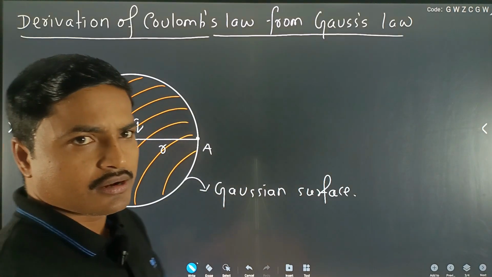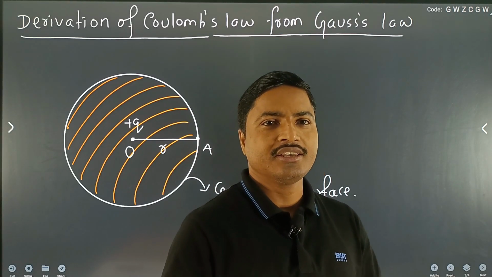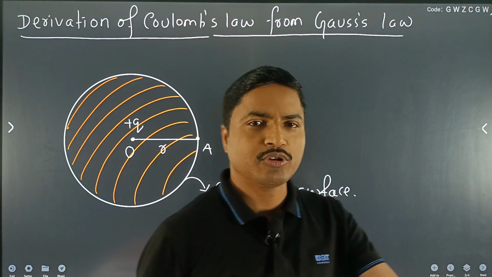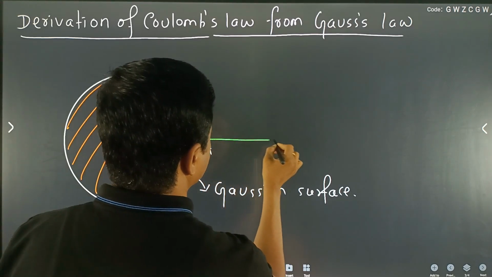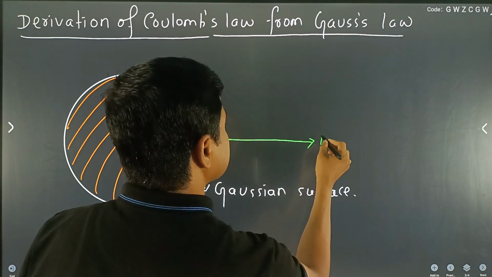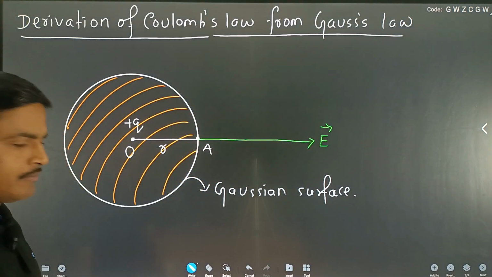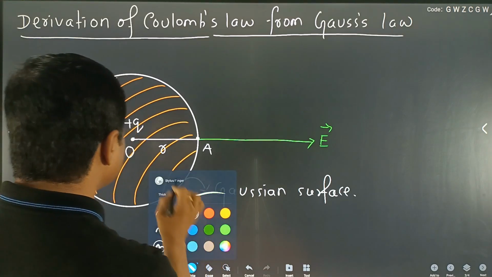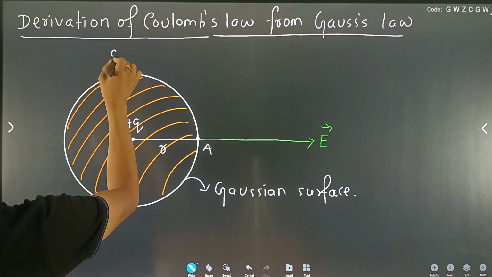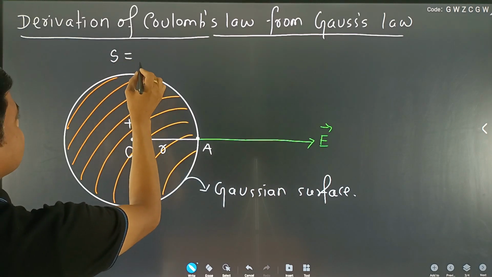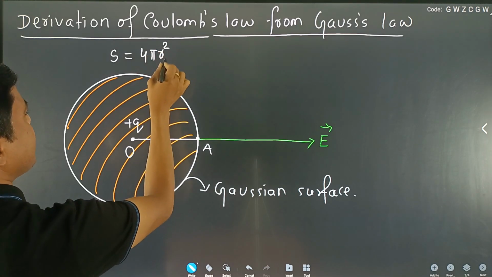You know, the direction of electric field intensity is always outward from a positive charge. That means this is the direction of electric field, E vector. Clear? And the total surface area of this Gaussian surface we write S. In the case of a spherical surface, S is equal to 4 pi r square.